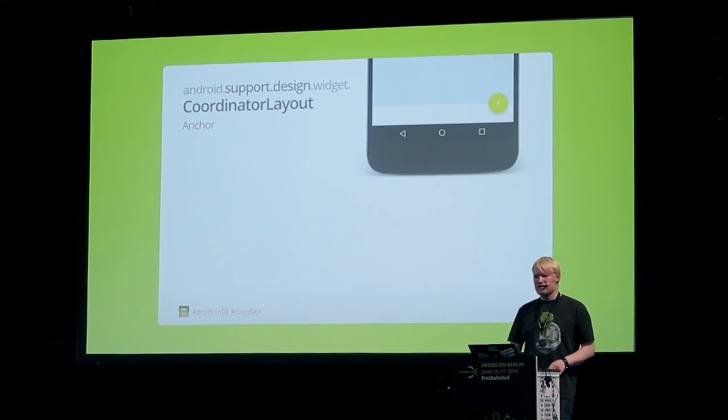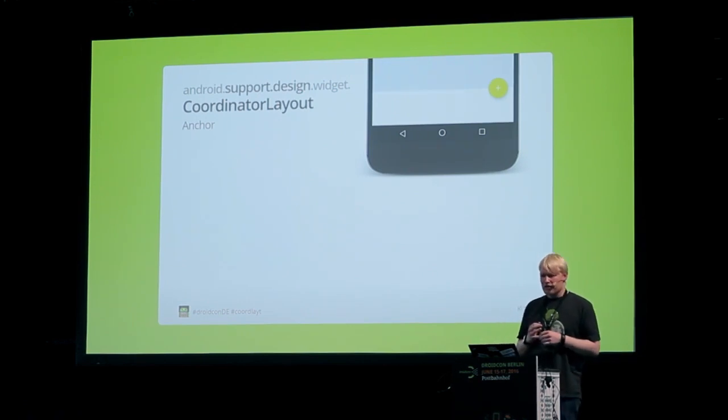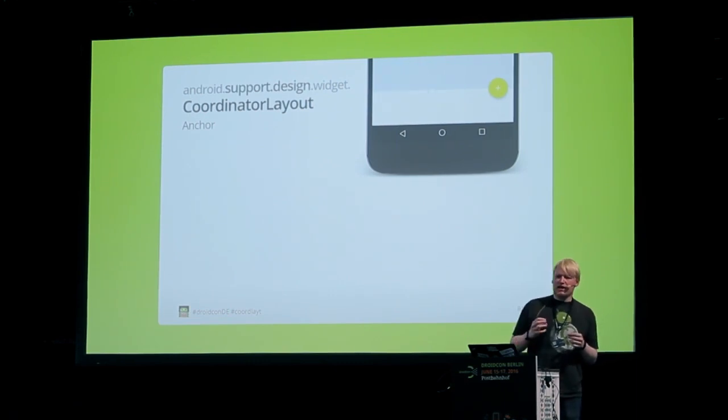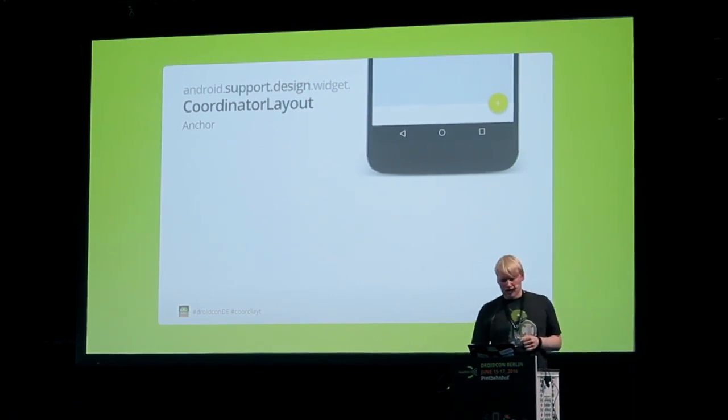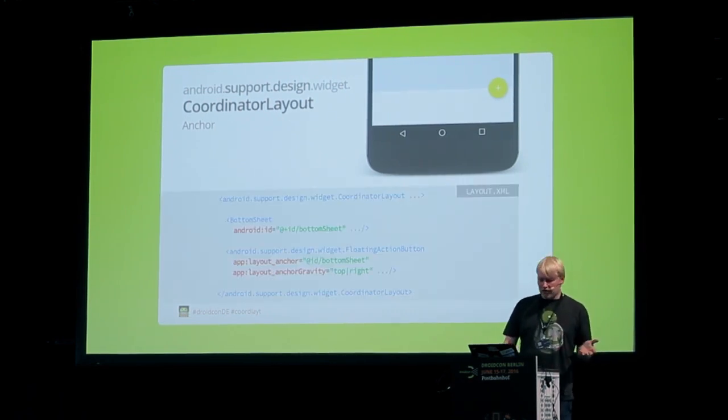One superpower is view anchoring. So here's a little example. The floating action button here is anchored to a bottom sheet. The anchoring is a simple behavioral connection for your views. This can be set via XML or even in your code.